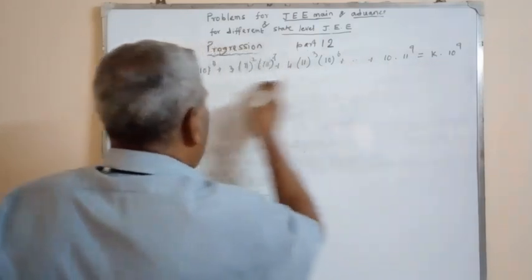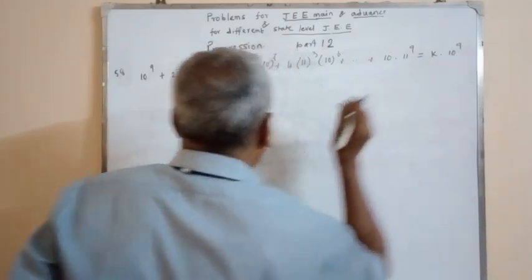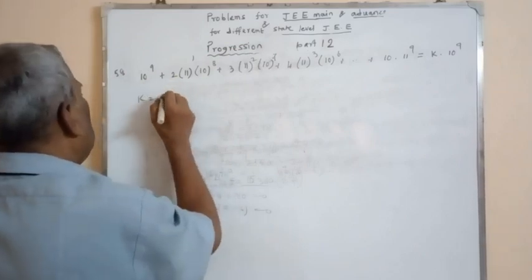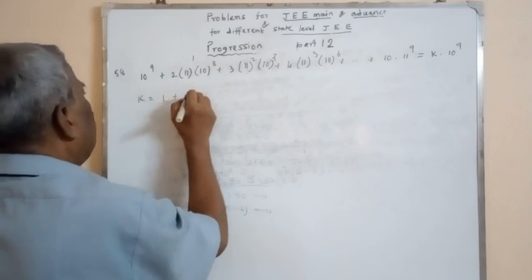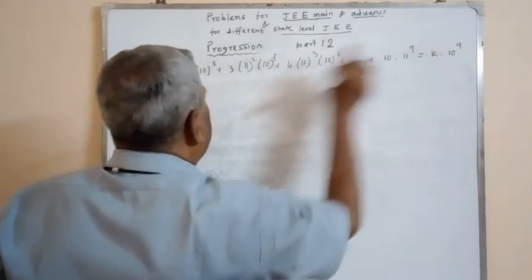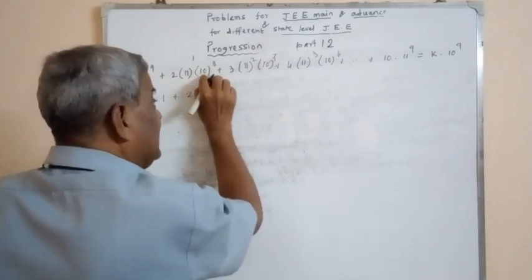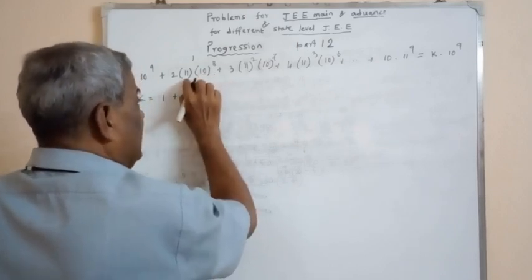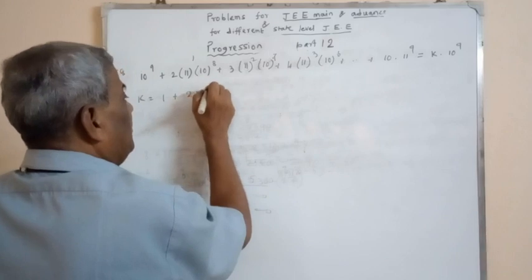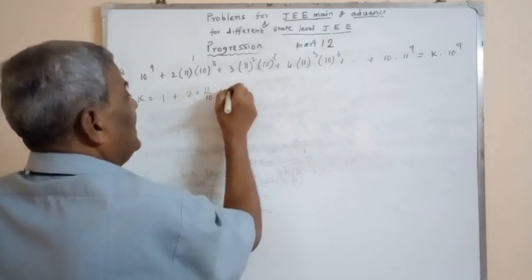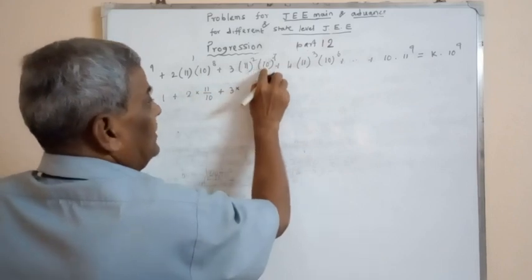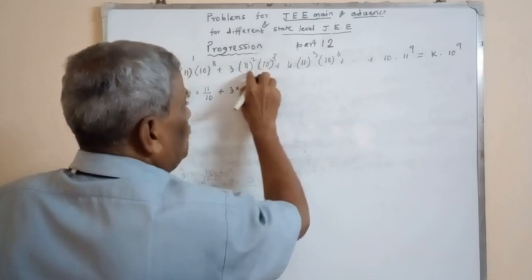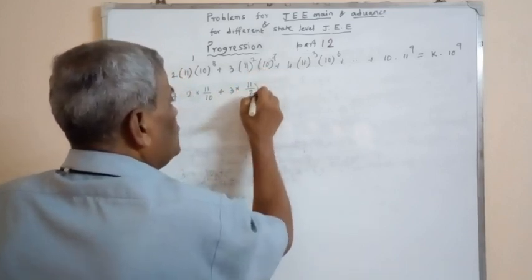Now dividing throughout by 10 to the power 9, we must have k is equal to 1 plus 2 into 11 by 10, plus 3 into 11 by 10 whole square.